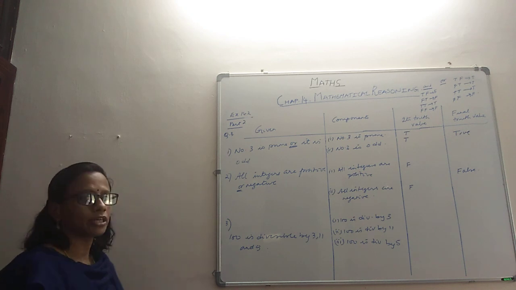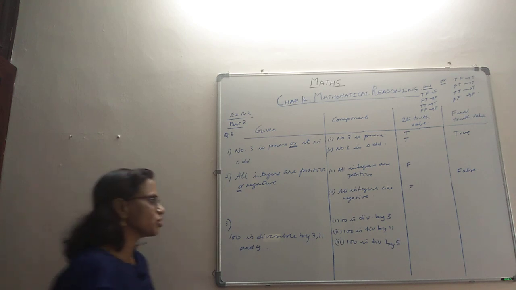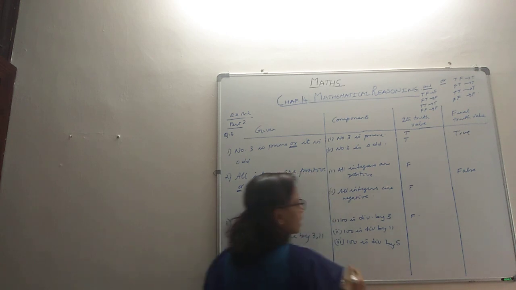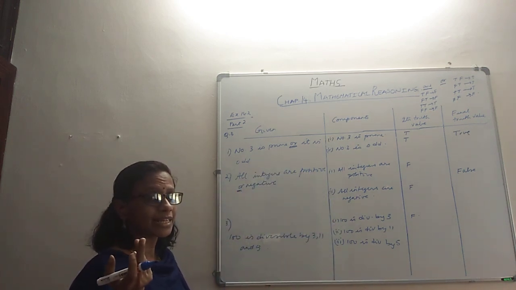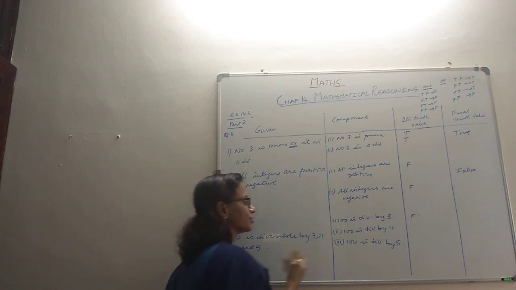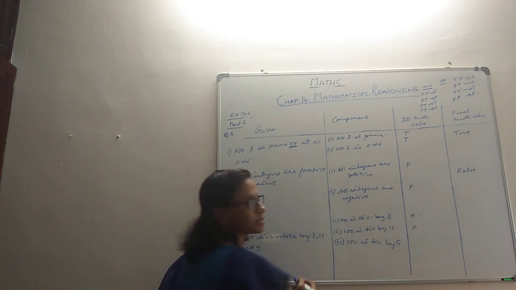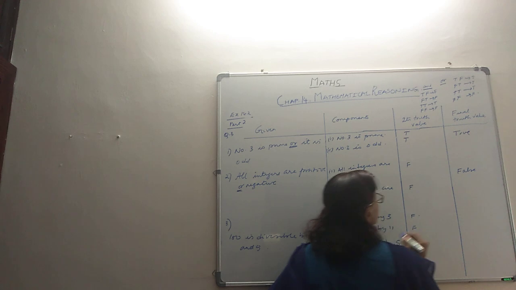Now let's find out which is true and which is false. 100 is divisible by 3. It's not true, because of the sum of digits criterion. It's false. 100 is not divisible by 11 also. In the table, 11 nines are 99, and 100 doesn't appear at all. So it's false. But 100 is divisible by 5. That's true.